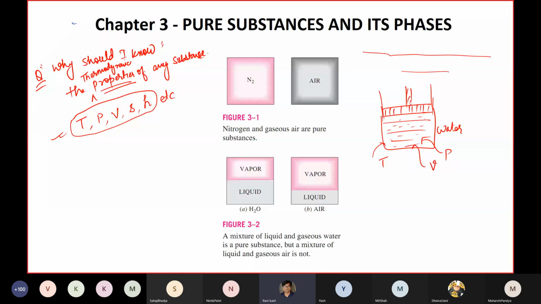Specific volume is defined as the total volume divided by the mass of the substance, so volume per unit mass is called specific volume. It is a culture in a thermodynamics course to denote things in specific volume rather than total volume.